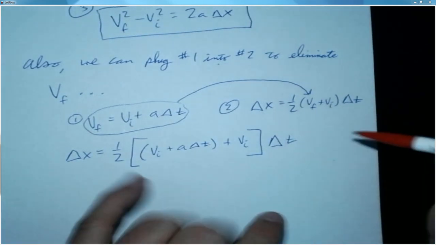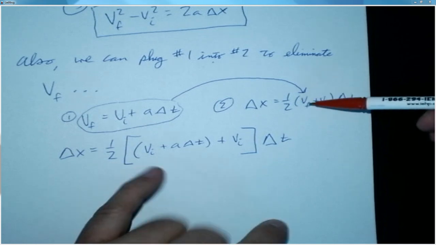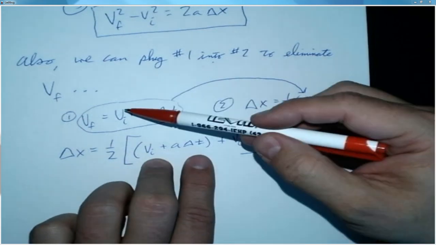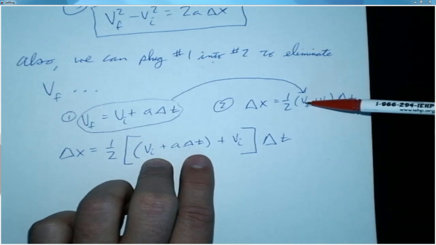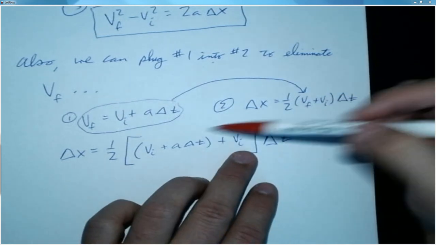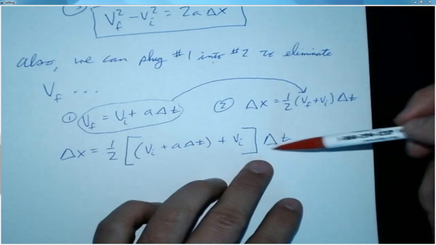Let's make sure that we have everything. We've got our 1/2 here. We've got VF inside these parentheses, and VF is VI plus A delta t. So that's VF plus VI. That's inside these brackets, and all of that is multiplied by delta t.